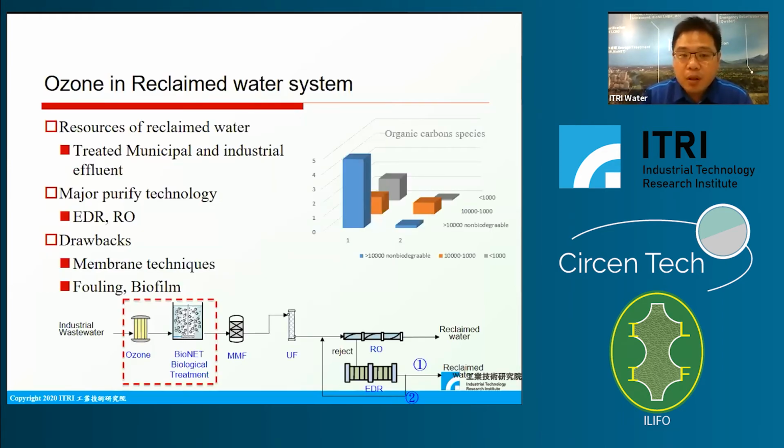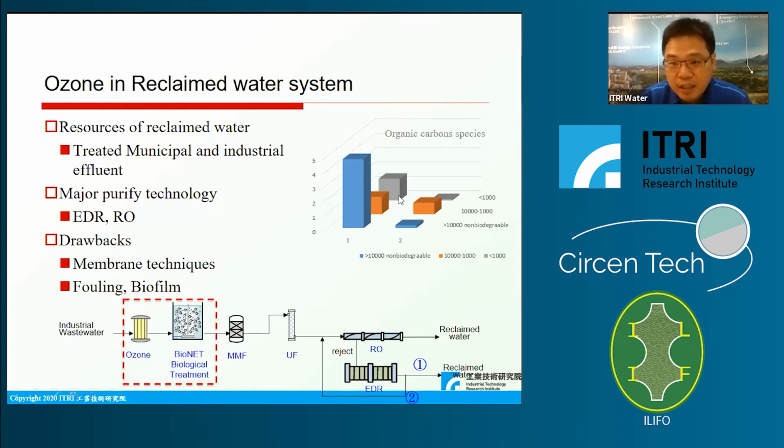And we use ozone in reclaimed water systems. It is very important that the source of the reclaimed waters is water taken from treated municipal or industrial effluent. After that, you can find the figures here.